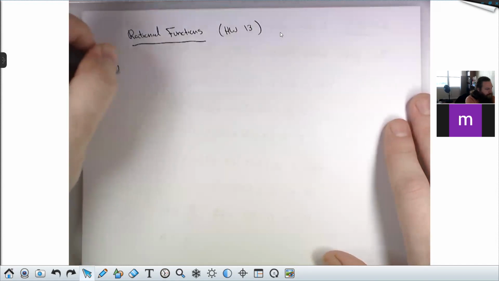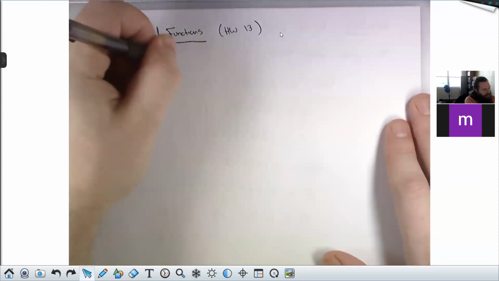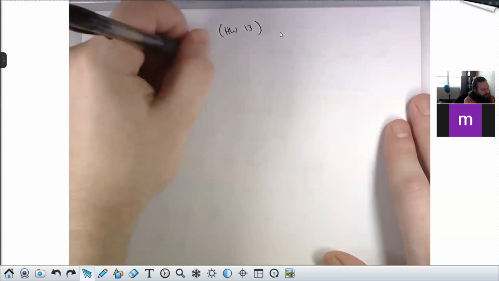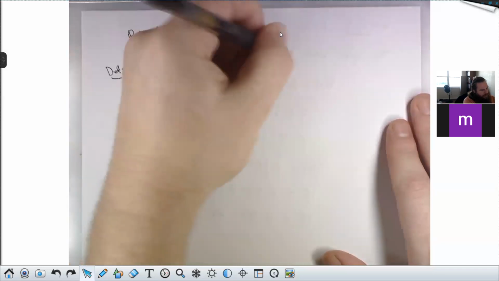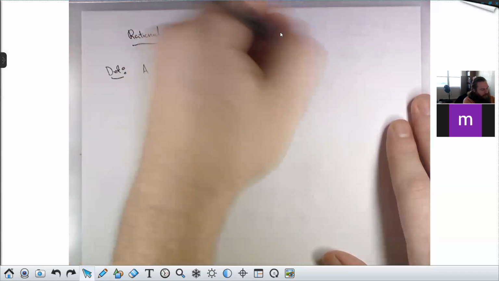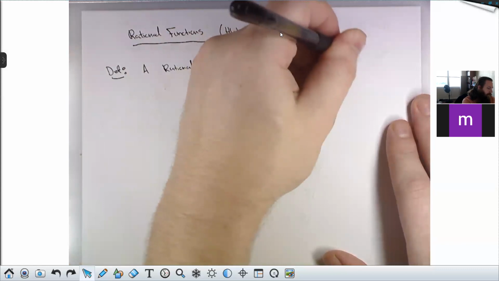As with all things in math, we need to begin with a definition. A rational function is a ratio of polynomials.